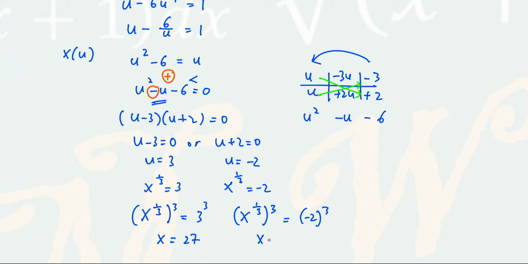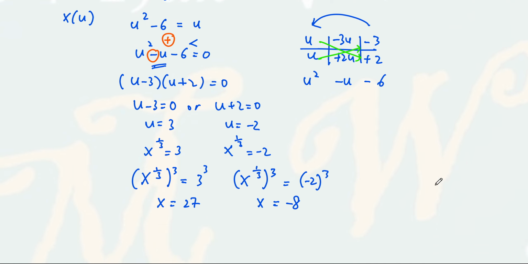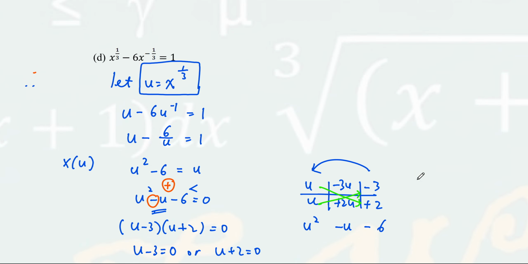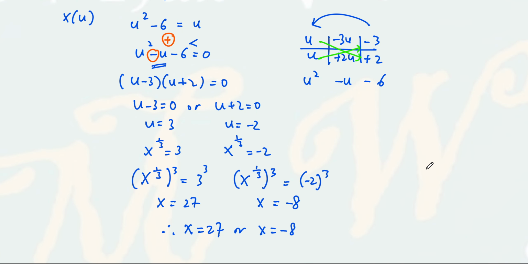And the other one is the cube of −2, which is −8. So I'm getting two values for the solution of this question. Done for part D.